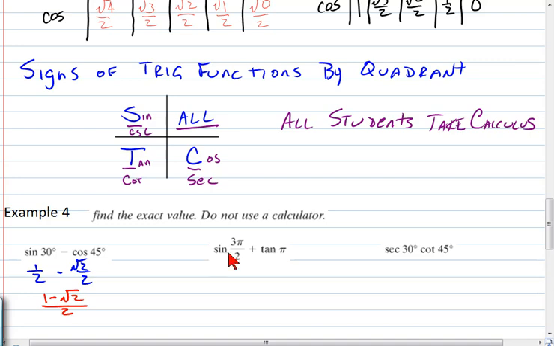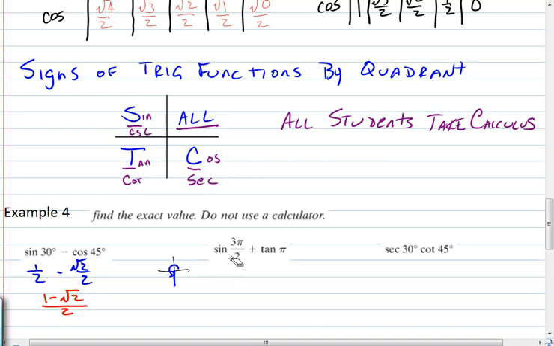What is sine 3 pi over 2? Remember, that's the quadrant angle, because the denominator is 2, that terminates on which axis? X or Y, positive or negative? Y negative. So if we've got our little Cartesian coordinate system here, 3 pi over 2 will terminate right here, so that this is 3 pi over 2.